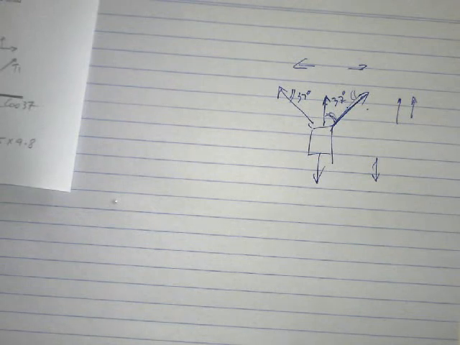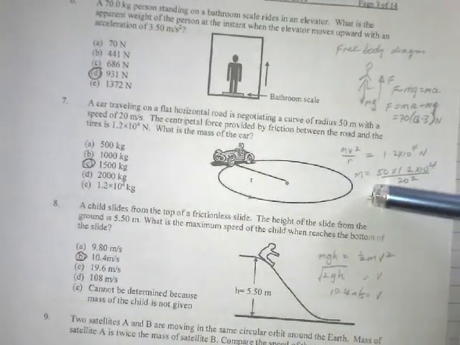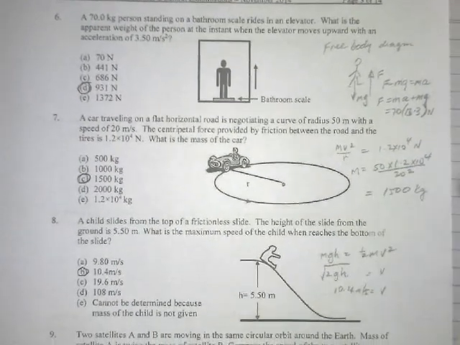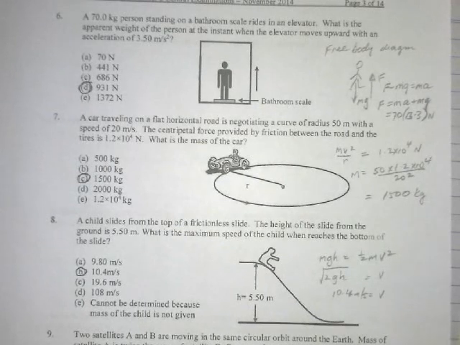So you will see questions on this paper that we think, well, hang on, we didn't do that. That would be the case with this question here, because we didn't really do uniform circular motion and centripetal force terms. From time to time you might see a question on this paper and think, I don't remember us doing that stuff, and there is some stuff on rotational motion that we didn't do.